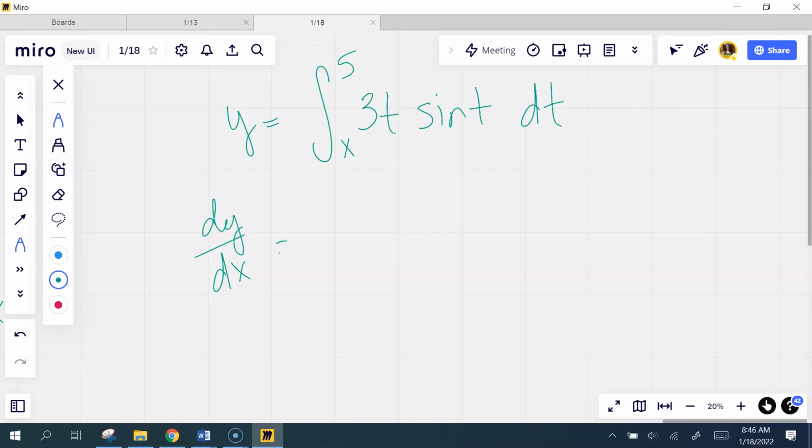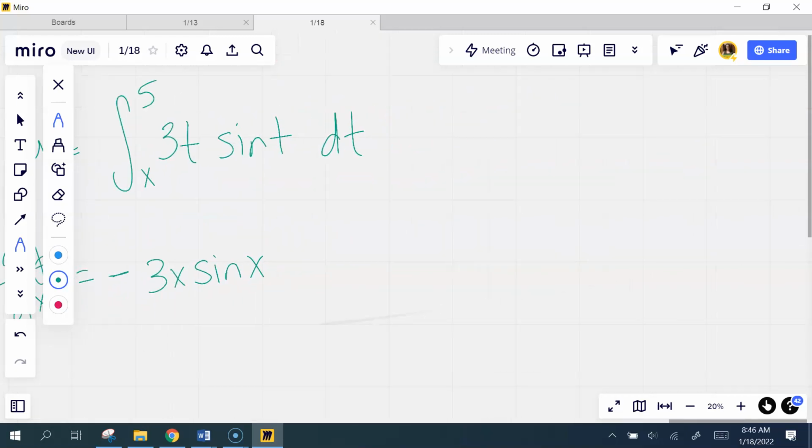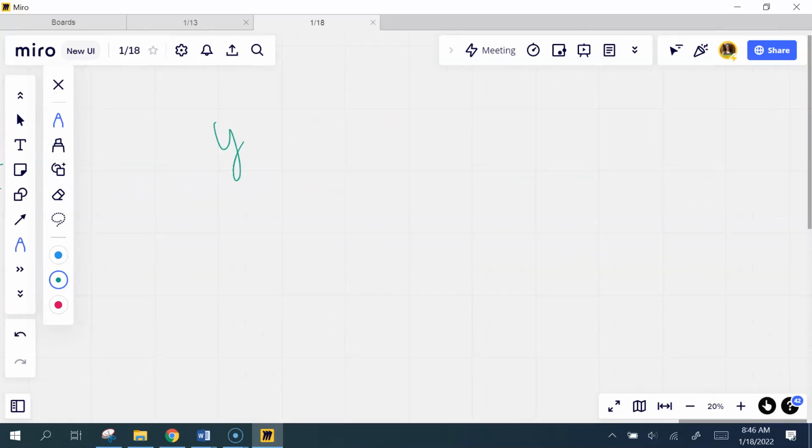So what is dy dx? Negative 3x sine x. You know it never stays this easy.